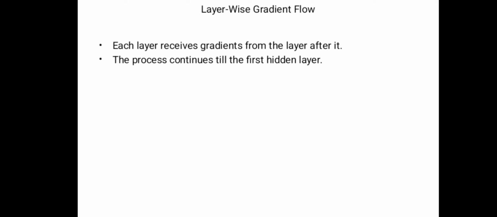The process continues backward through the network all the way to the first hidden layer. Think of it like passing correcting signals backward through each layer. It helps each part of the network learn how it contributed to the error and what it can do better next time.